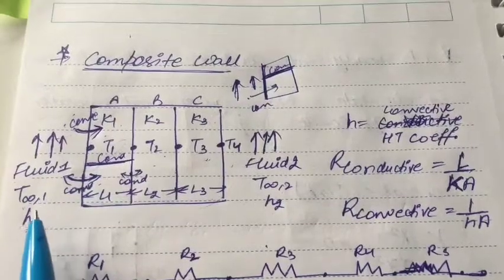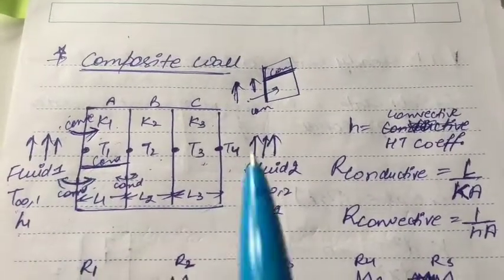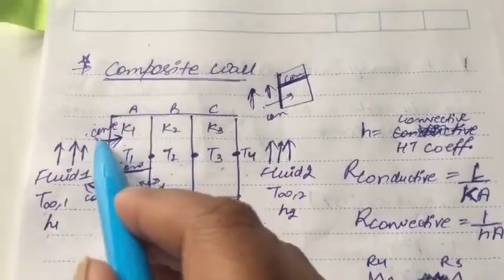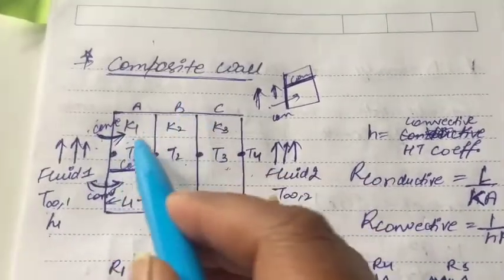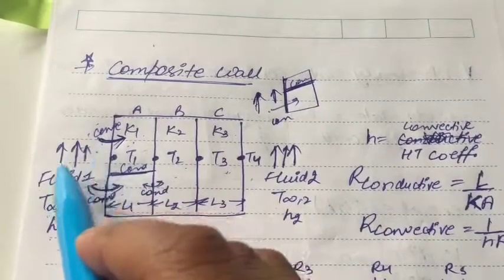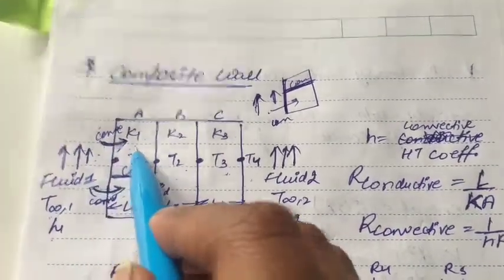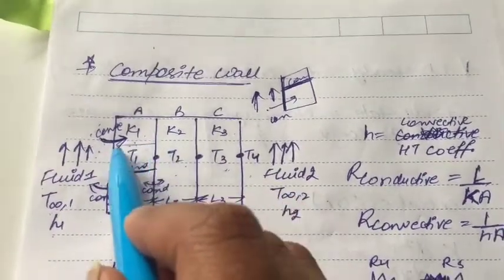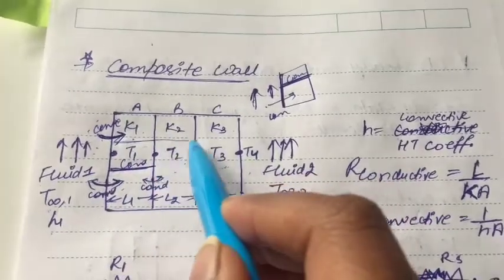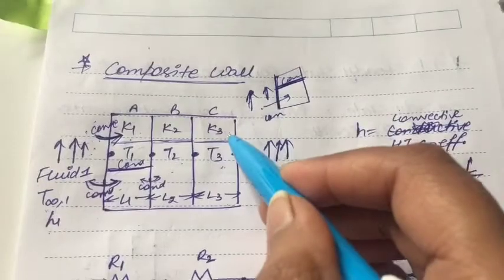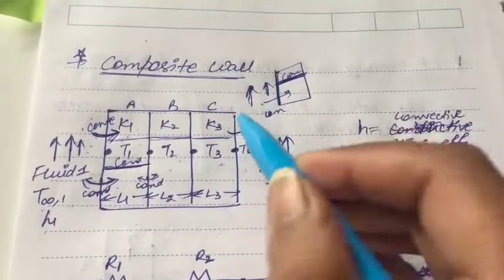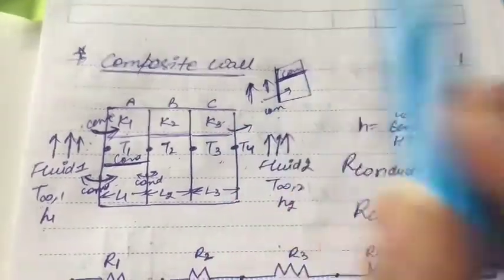So we are going to calculate our total resistance. For that we can see that convection is taking place between fluid 1 and slab A, then conduction in slab A, then conduction in slab B, then conduction in slab C, after which we have convection between slab C and fluid 2.